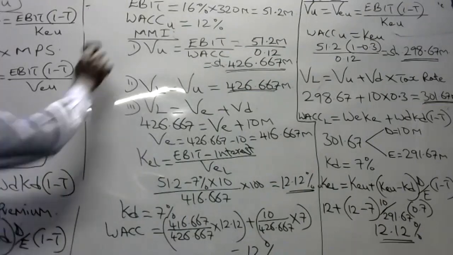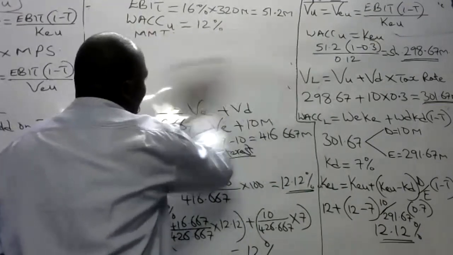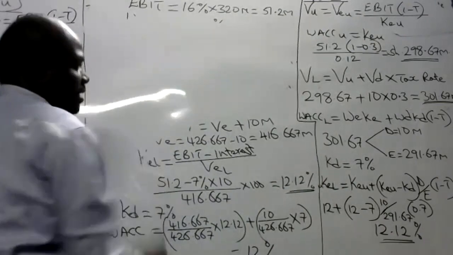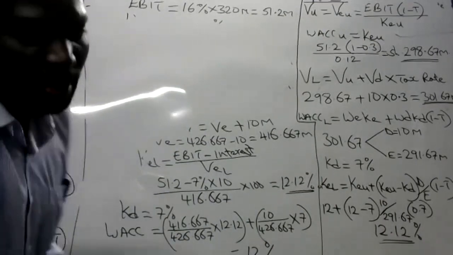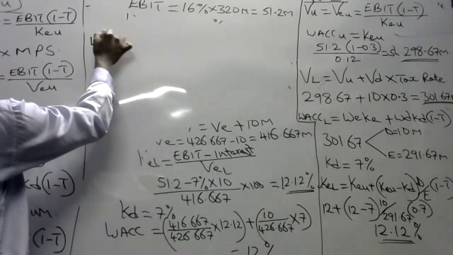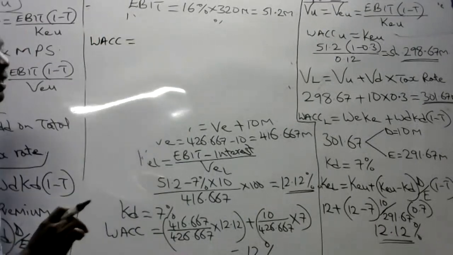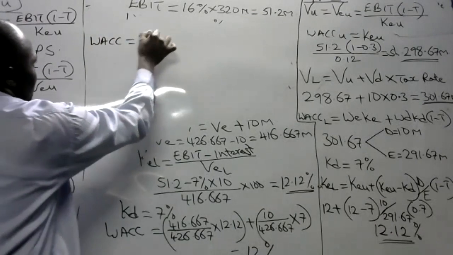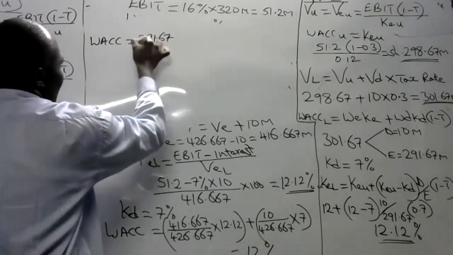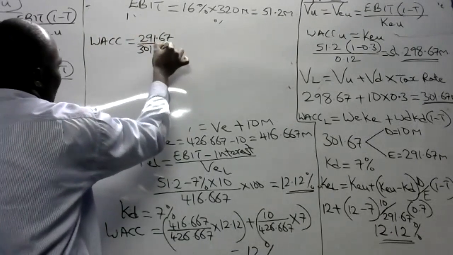So WACC equals the weight of equity, which is how much? 291.67 divided by 301.67.